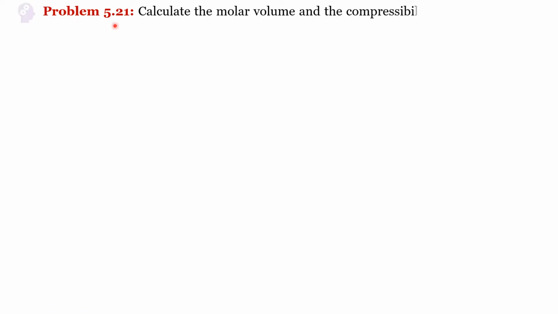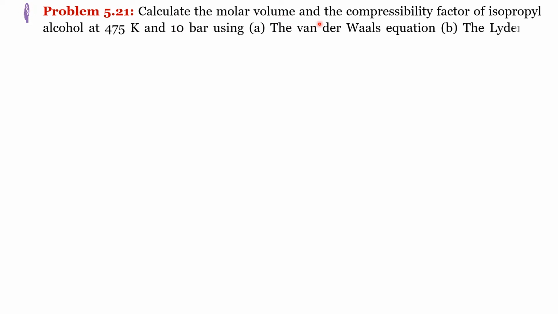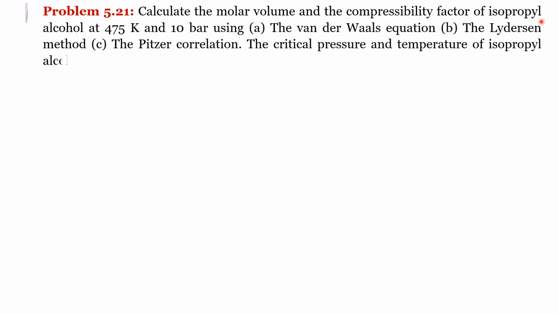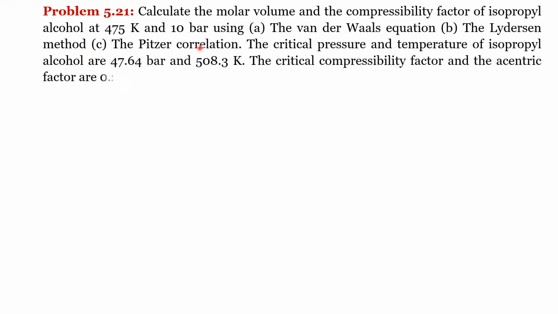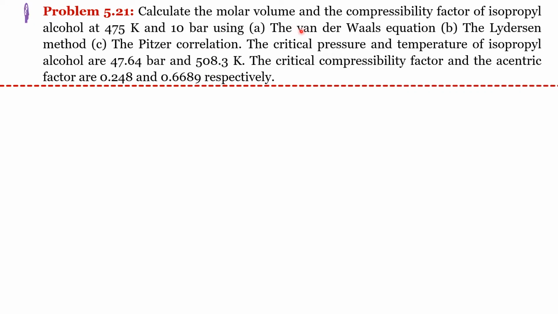Problem number 5.21. Calculate the molar volume and compressibility factor of isopropyl alcohol at the given temperature and pressure using three methods. In method A, the van der Waals equation, we need to use the van der Waals equation.